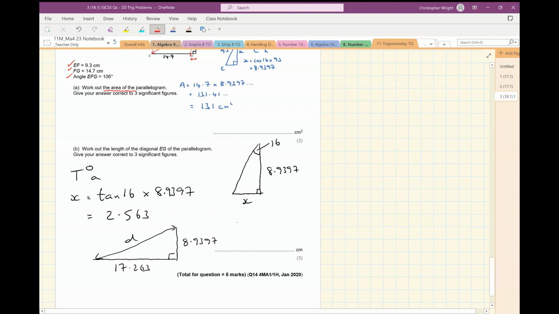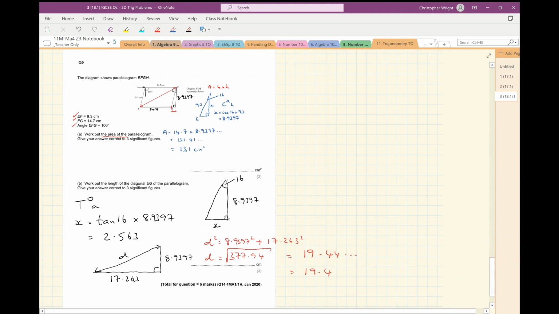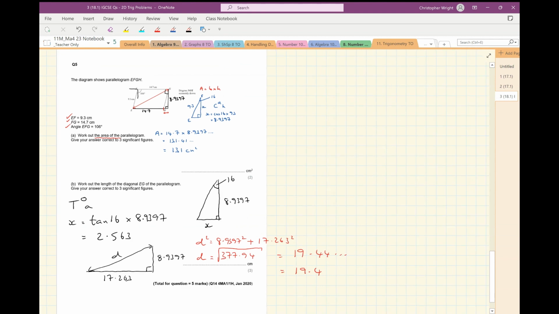I'm going to say that D squared equals 8.9397 squared plus 17.263 squared. I'm going to work that out and square root my answer. So it works out to be the square root of 377.94, which is, on my calculator, 19.44, and so on. And so to 3 significant figures, the answer I'm going to give is 19.4. And there you go. That is question 5 done.